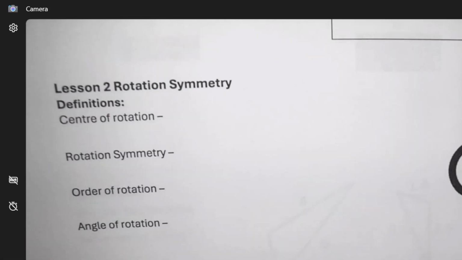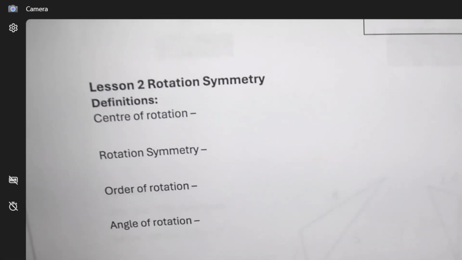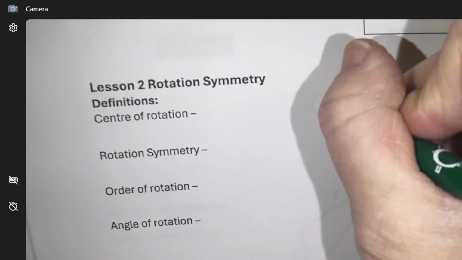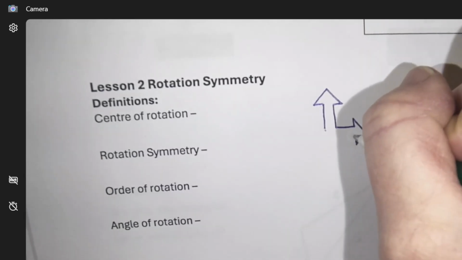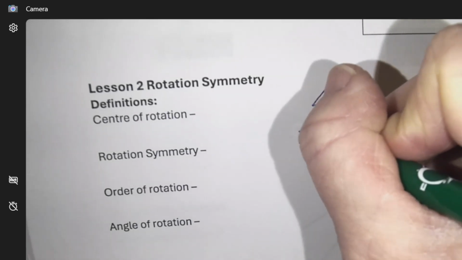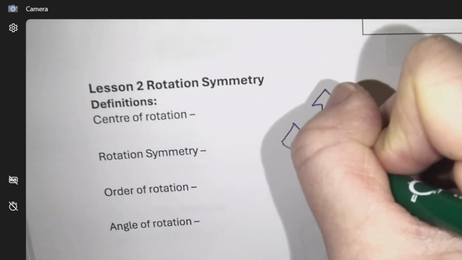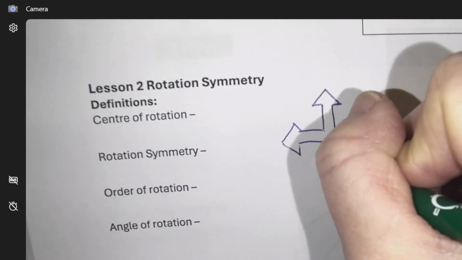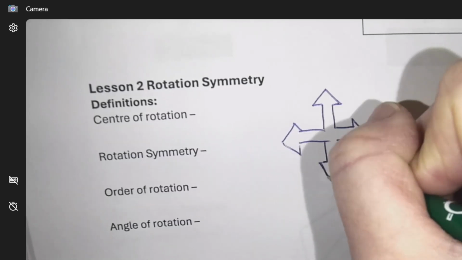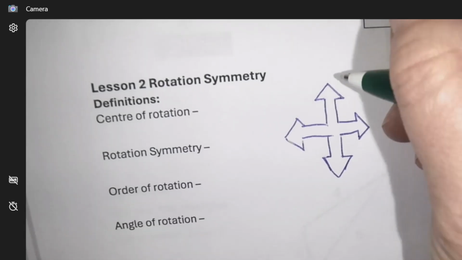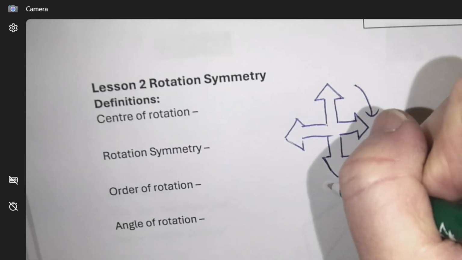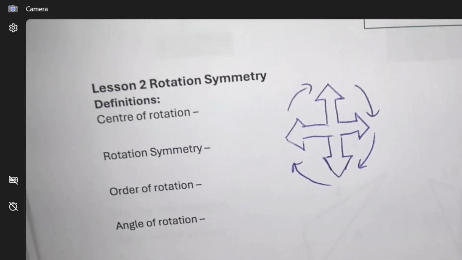The idea is rotational symmetry. I'm just going to draw a random object here. Rotational symmetry is if you turn the object, like a doorknob.